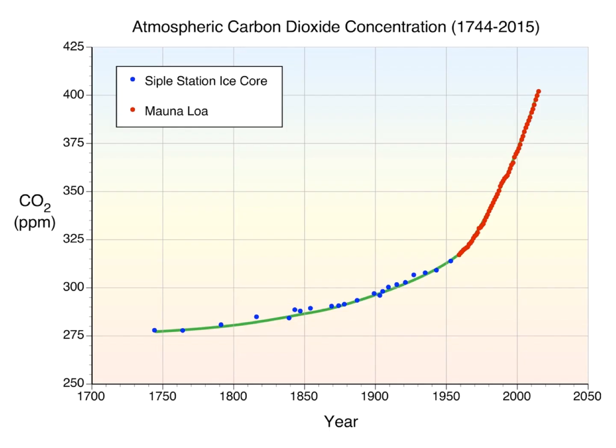The following graph shows the change in the concentration of carbon dioxide going back just before 1750. The blue dots represent measurements taken from Siple Station ice core, and then the red dots are from a recording station that was set up in 1958 on Mauna Loa.